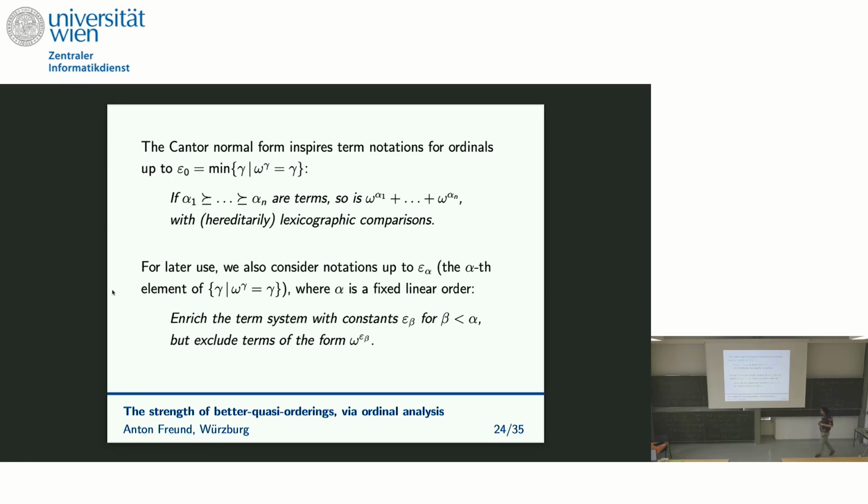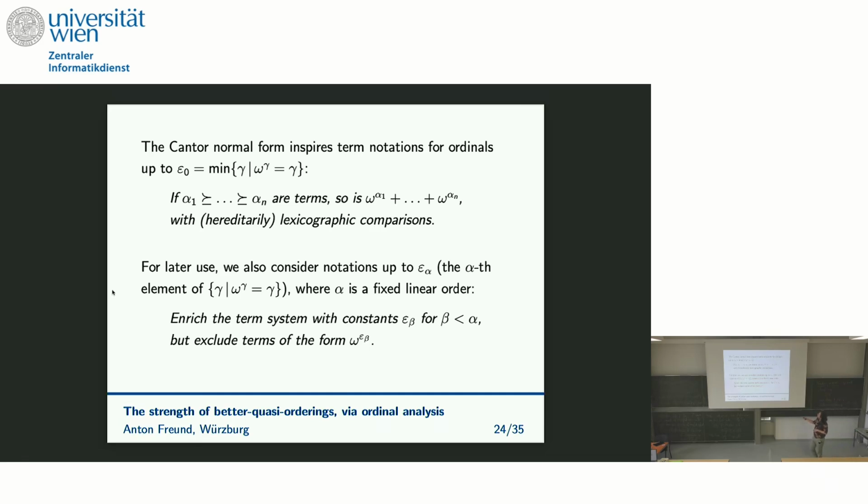Now the idea is that you can use this Cantor normal form to generate notations for all ordinals below this first fixed point epsilon 0. Namely, you construct a term system where whenever you have terms in this order, whatever the order is going to be, then you can also write down this term here, and this will then also be a term in your term system.